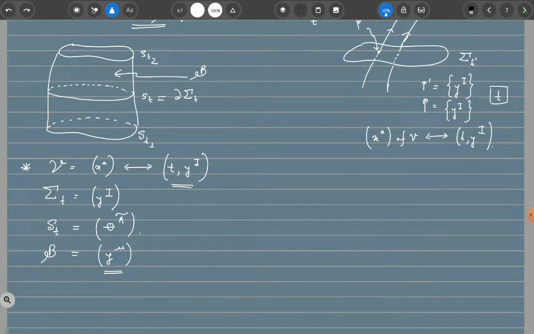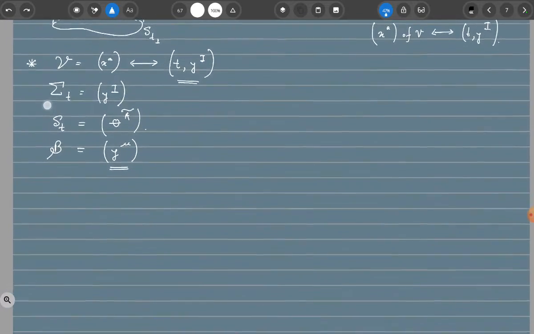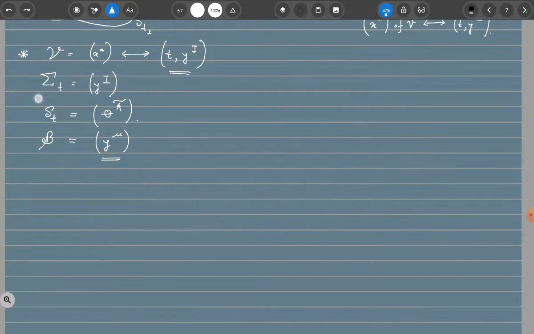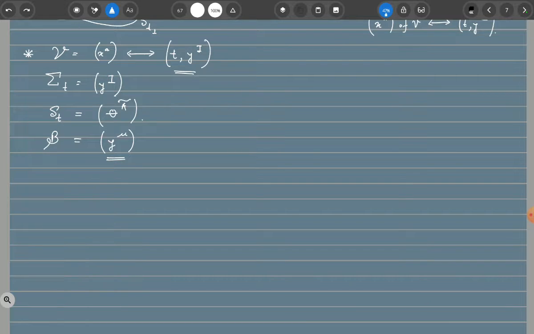But before doing that, let me talk about the embeddings of S T in the space-time volume V. Okay, so we'll talk first about S T, which is a two-dimensional surface viewed as an embedding in the four-dimensional space-time volume.